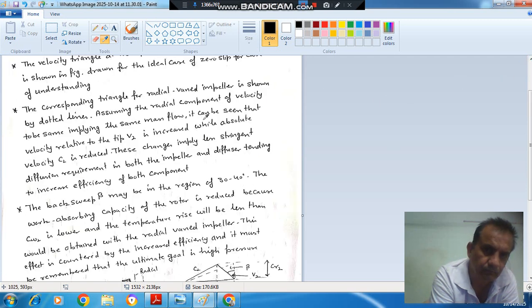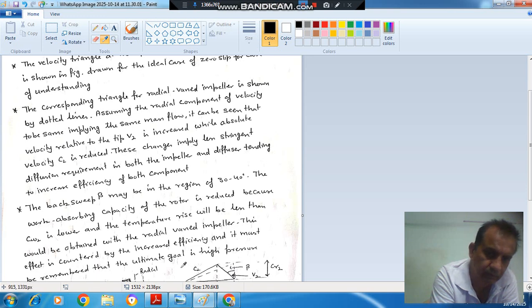But it can be seen that the velocity relative to the tip, V2, is increased. In case of radial vane this was V2, but now this is V2. So V2 is increased, while absolute velocity C2 is reduced.